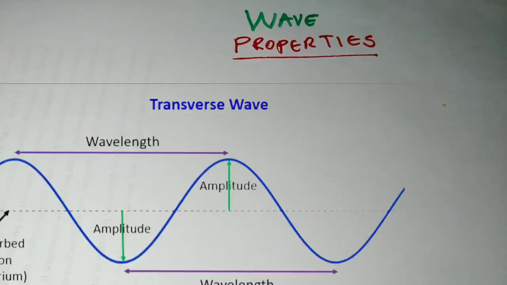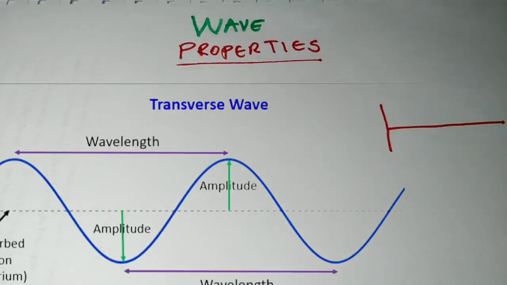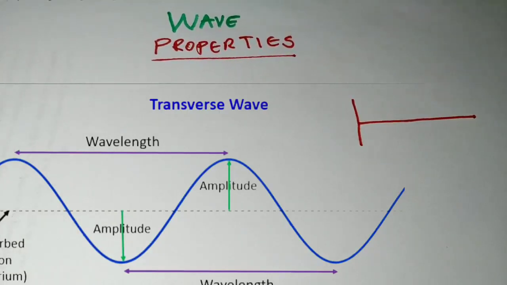So what we mean by the maximum displacement of a wave from a point away from its undisturbed position. So remember last time we looked at something like this. What we have here, this line here, that's what we call the rest position.